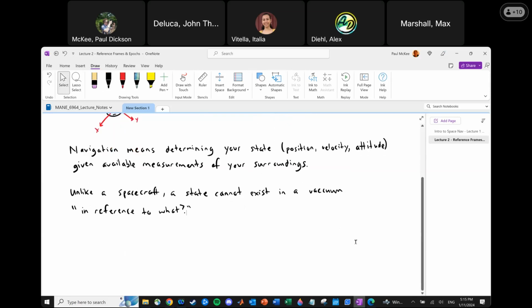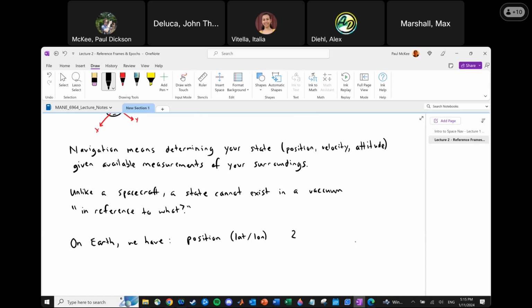So on the surface of the Earth, let's talk about degrees of freedom for a moment. On Earth, we have position, and you can think of that in terms of latitude and longitude.